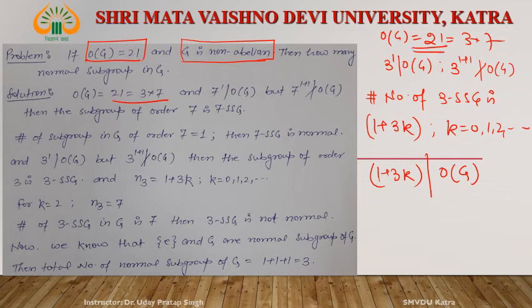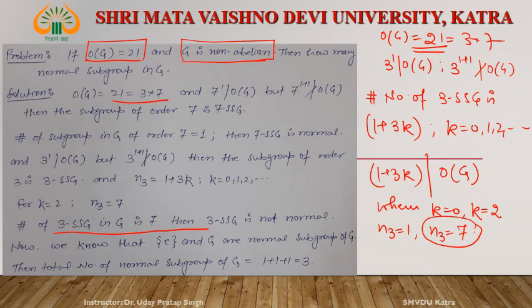This divides order of G when k is equal to 0 and k is equal to 2. For k equal to 0, n3 is 1. For k equal to 2, n3 is 7. It means the number of 3 Sylow subgroups is 7. There are 7 3-Sylow subgroups, so the 3 Sylow subgroup is not normal.